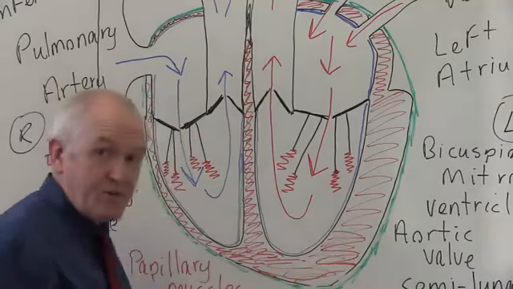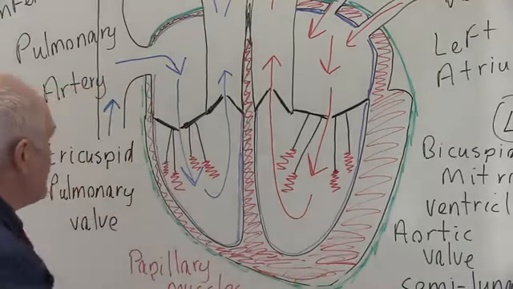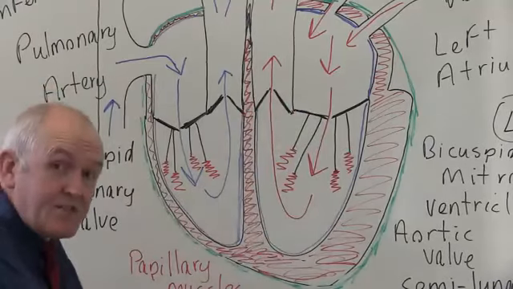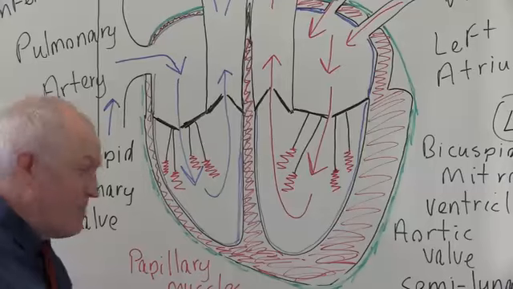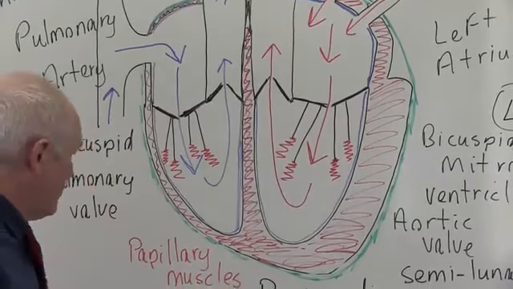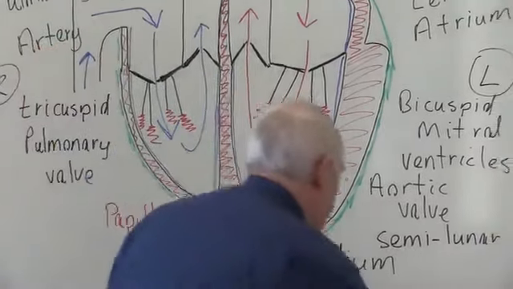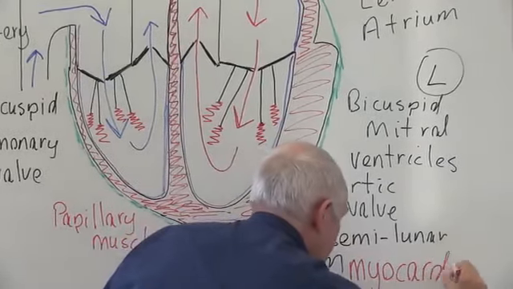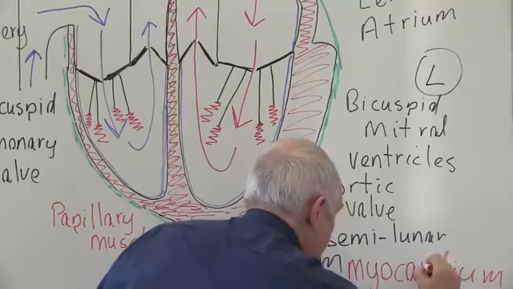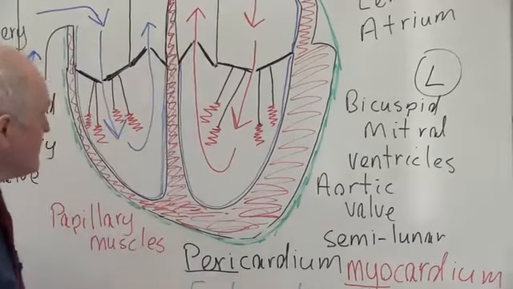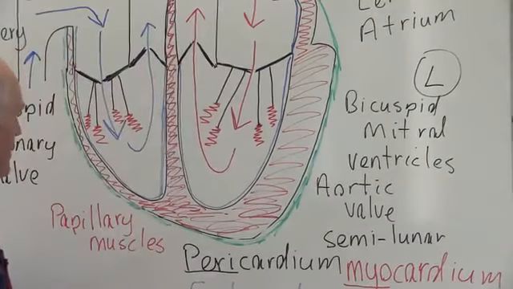It's a striated muscle. It's arranged in various bands that allow the heart to contract in the most optimum possible way. And this vital muscle, of course, is the myocardium. Myo means muscle. The muscle of the heart is the myocardium.